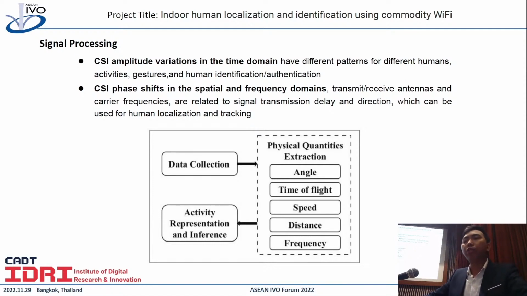In time domain signals, like I said, we mostly use them for identification, because in the time domain we usually use methods such as time warping or Euclidean distance to compare how the signal is propagated. So it requires annotation as well on this identification problem.